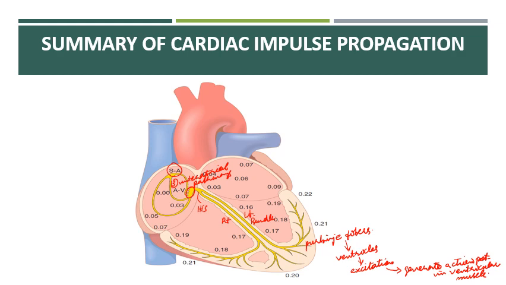This propagation of cardiac impulse from SA node to AV node occurs in 0.03 seconds. Then in the AV node there is a delay of 0.09 seconds that gives time to the atria to empty their blood into the ventricles.